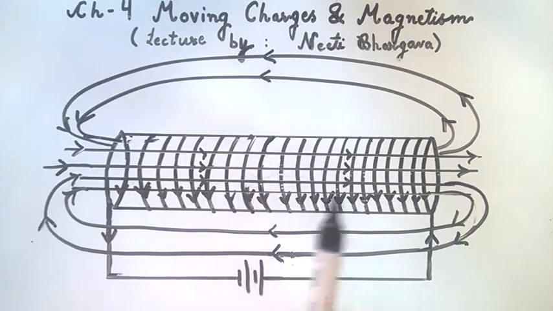Now let's consider a finite solenoid and find the value of the magnetic field using Ampere's circuital law.